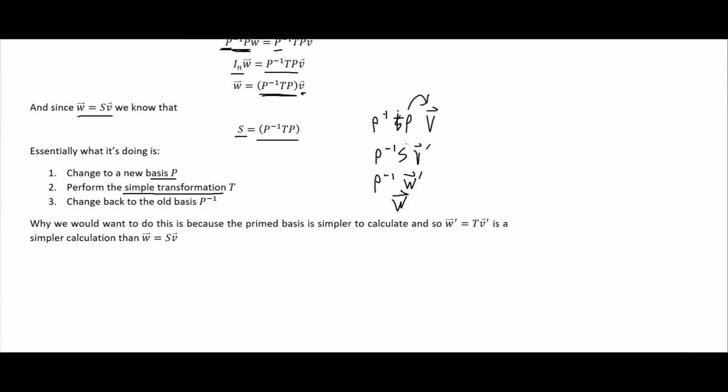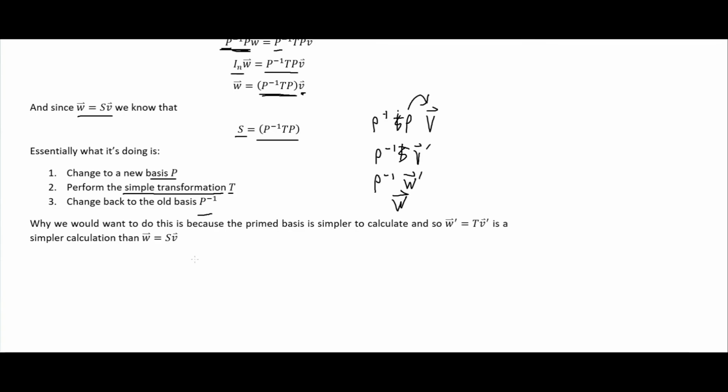This should be T here, so we're using our T there. So you change the basis with P, then you perform your simpler transformation T, then change back to the old basis. You transform to the easy basis, do the easier transformation, then transform back to the old basis, and that's the reason you would even want to do this.